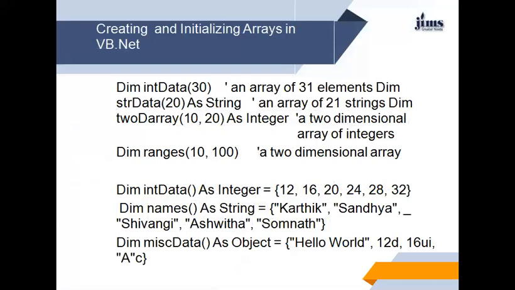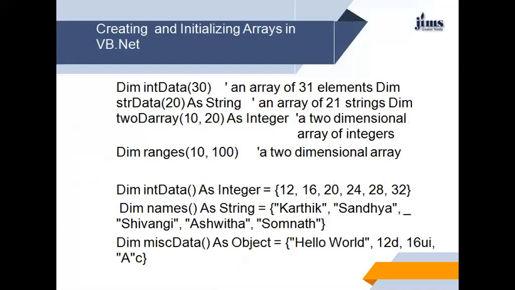Dim two-dimensional array, if you wish to declare a two-dimensional array (10, 20) as Integer. So it will be an integer type array, a two-dimensional array of integer. Dim ranges(10, 100), a two-dimensional array.